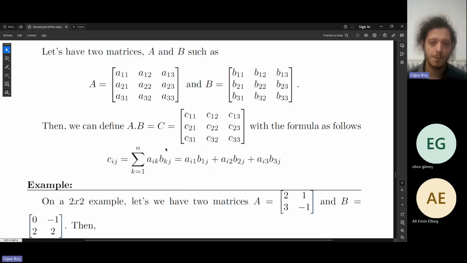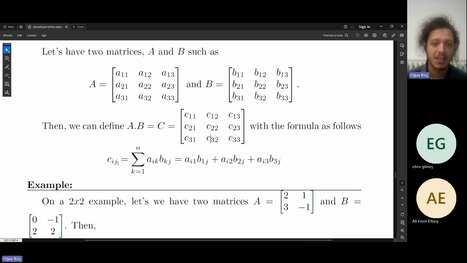Okay, so then we turn back to the multiplication. We have the A and B matrices, and then we multiply them. It gives us the C matrix, and these are the elements of it. For this, we have a formula here.